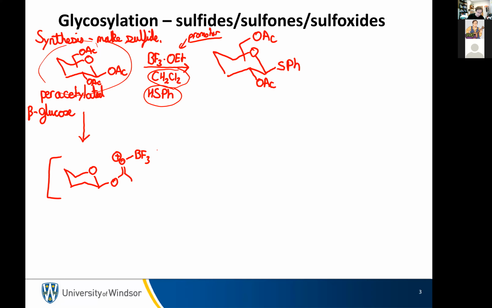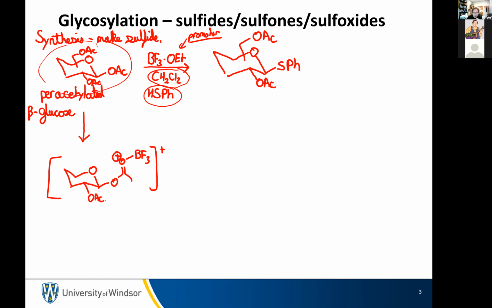BF3 is very oxophilic. It's a Lewis acid. If you want to go back to your definitions of acids and bases, it loves binding to oxygen. Might as well have added H+. It's just that H+ does all sorts of other things, whereas BF3 binds to oxygen. It's much more specific. So it makes this bond, we get this.